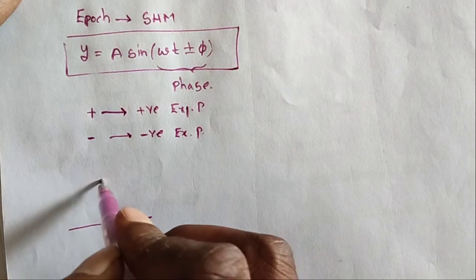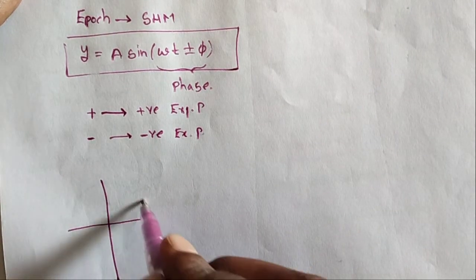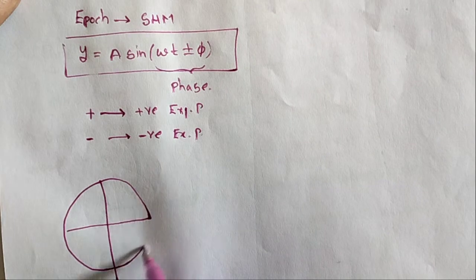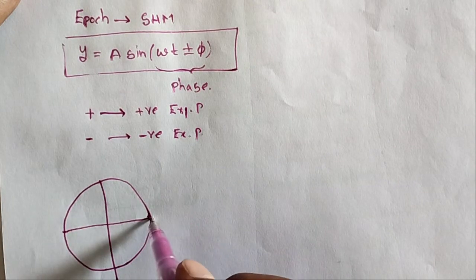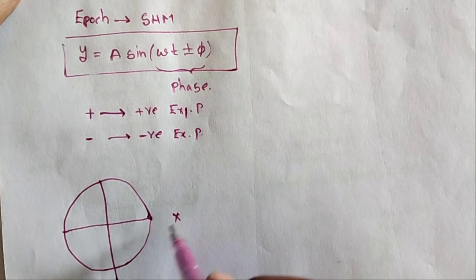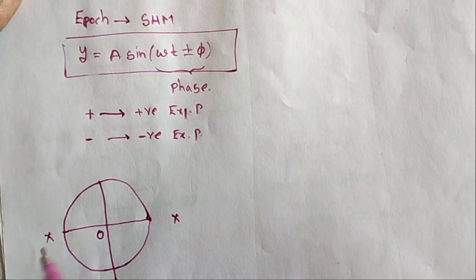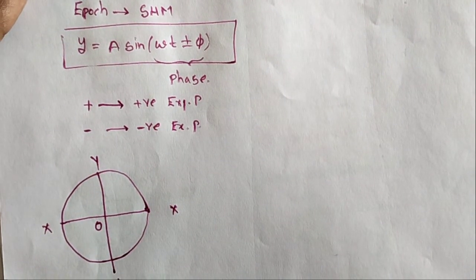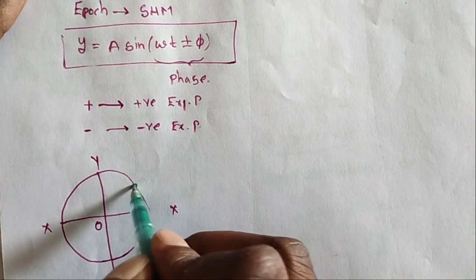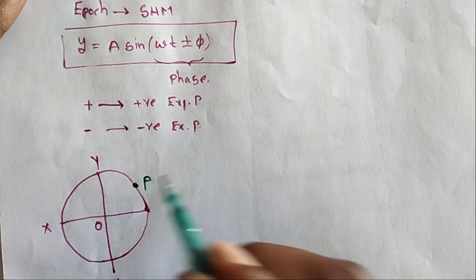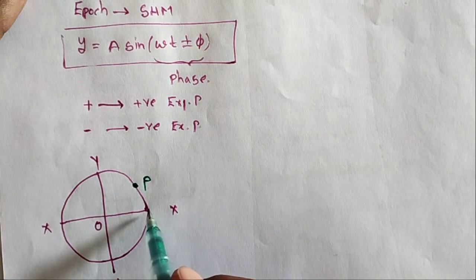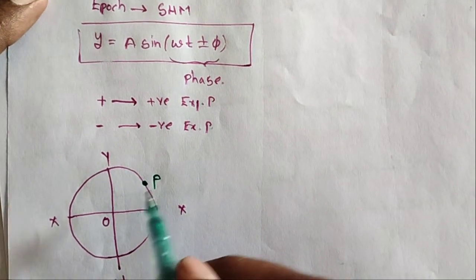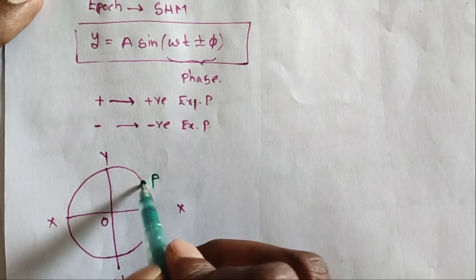The particle is moving in a straight line, like this, along x o x dash, y o y dash. Now, where is the particle starting? Listen, all of you. The particle is not starting at the mean position. The particle is starting at this position.